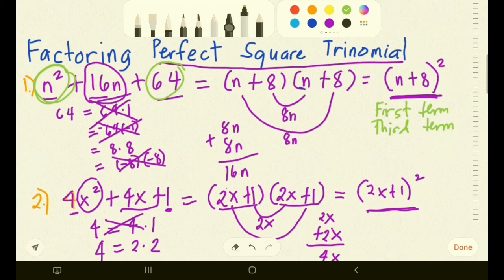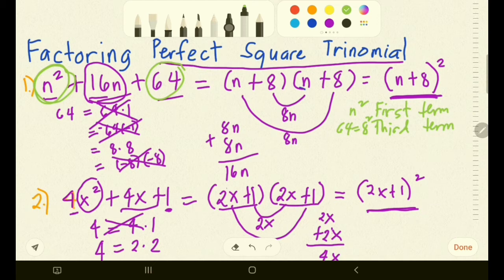Okay, the second step: let's express the first and the third term to the power of 2. So that is n squared, and then 64 is 8 squared. And get the base, or the square root, of each term.